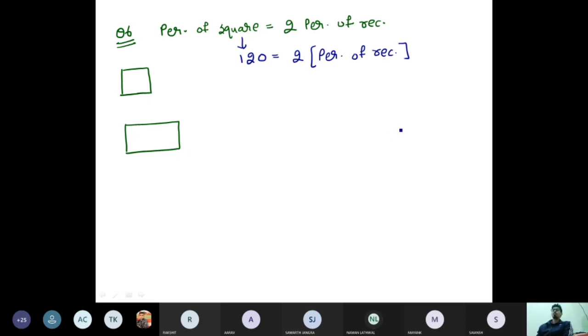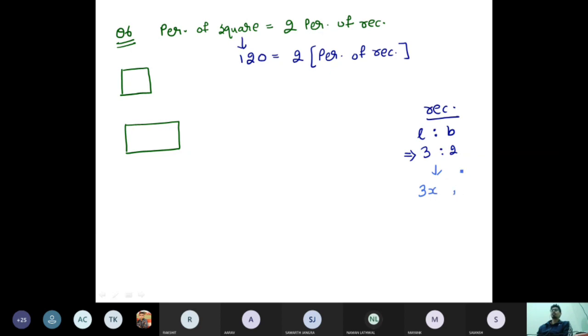Now see, students, for the rectangle, length to breadth is 3:2. To convert the ratio into particular numbers, what do we have to do? We have to multiply it by some number, some variable, or some constant. Let us assume x as a variable.